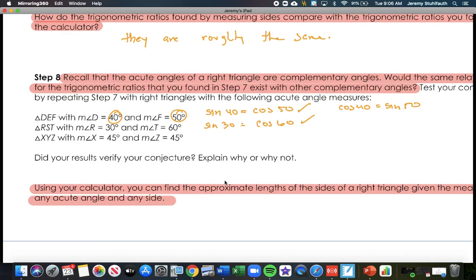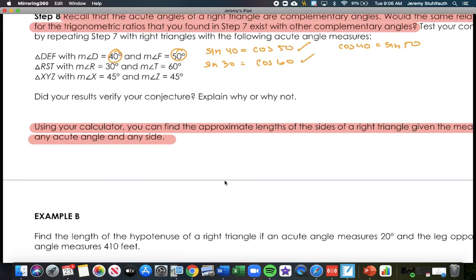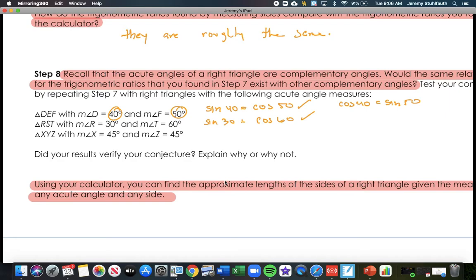And so what this means is that we can say that complementary angles have the same sine and cosine values.